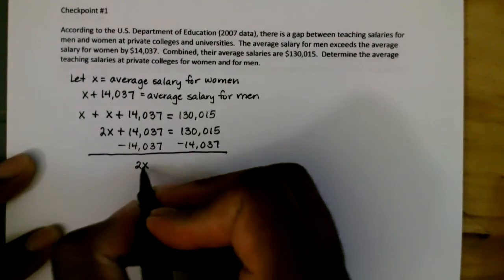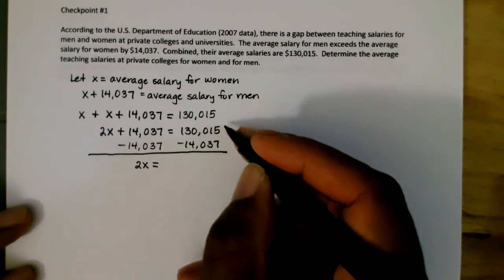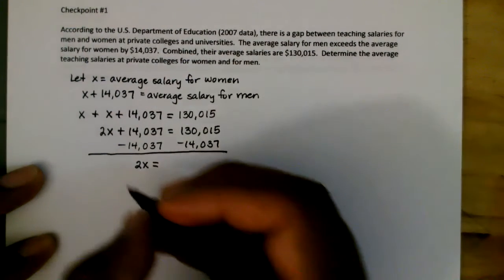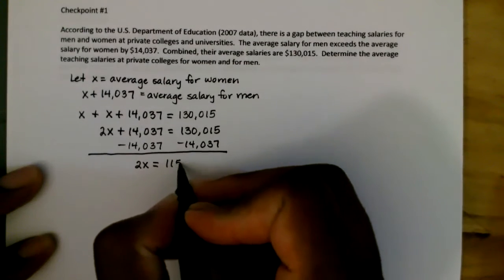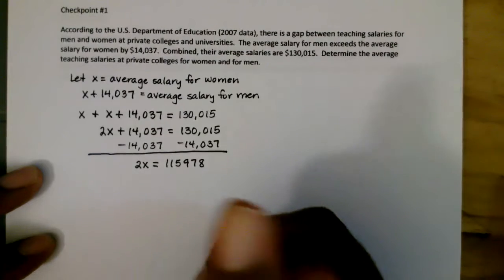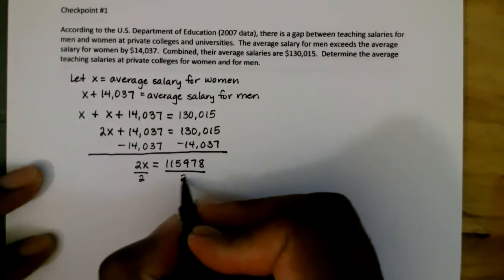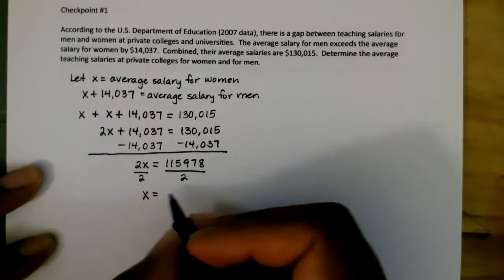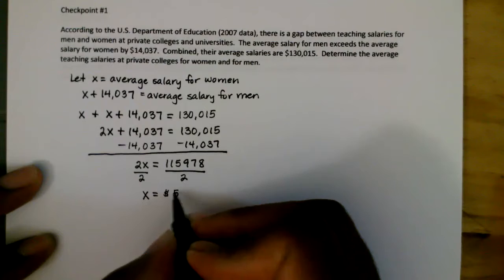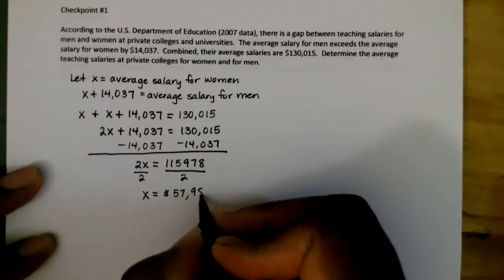That means 2x is equal to, if I subtract $14,037 from 130,015, I will get $115,978. And then to solve for x, I'm multiplying by 2, so I need to divide both sides by 2. So that means x is equal to $57,989.